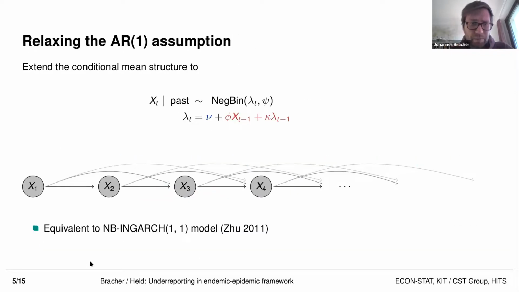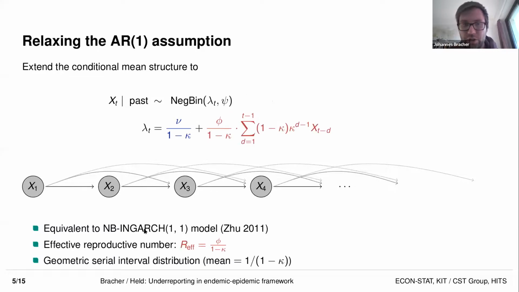Actually, I'll be working with a slightly generalized version of this model. As in previous talks, I'm adding higher order dependencies, but I'm doing that slightly differently than before. I'm adding a lagged version of the conditional expectation, which is what is done in INGARCH models. Maybe some of you know this, but that's just a different way of writing geometric lags.